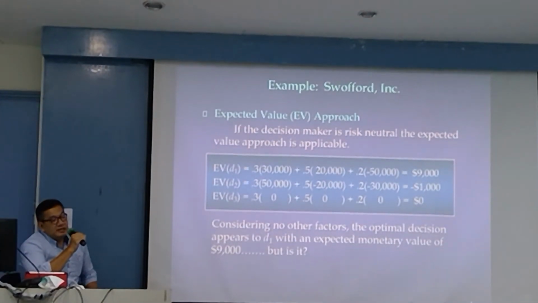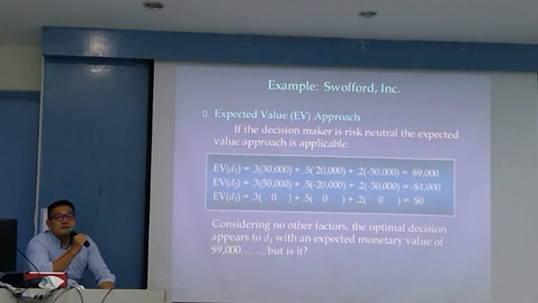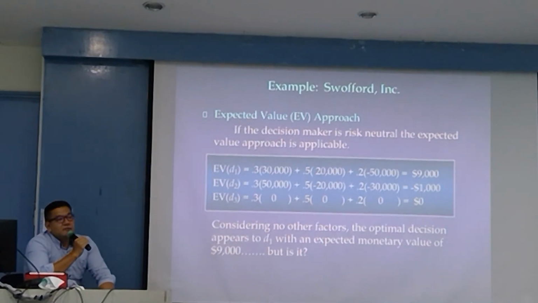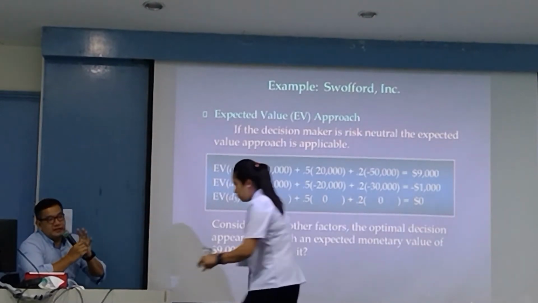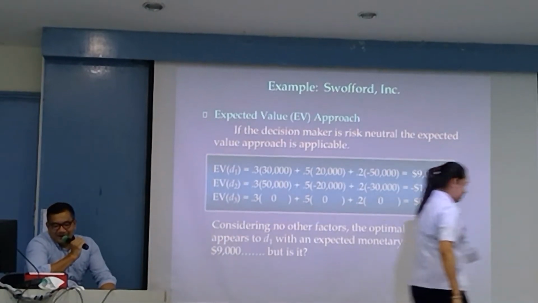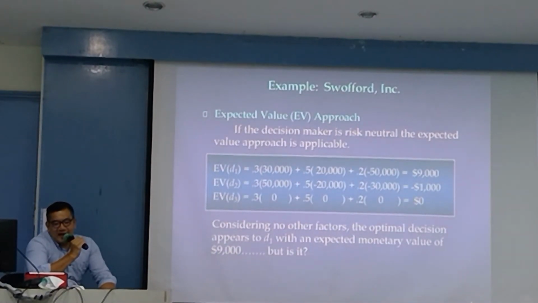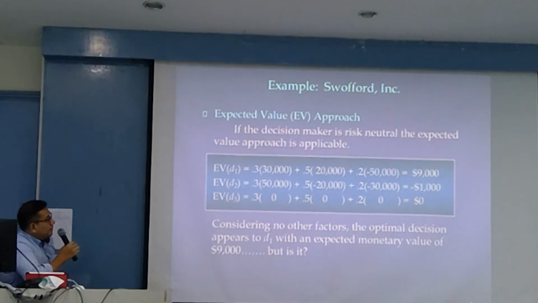If we use the expected value, we just multiply the probabilities with the payoff under each outcome, and then sum them up altogether.